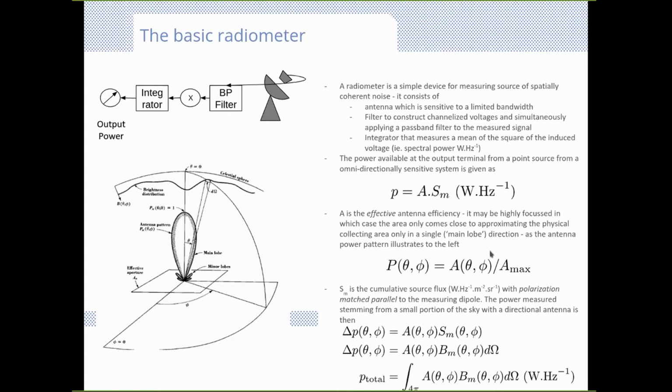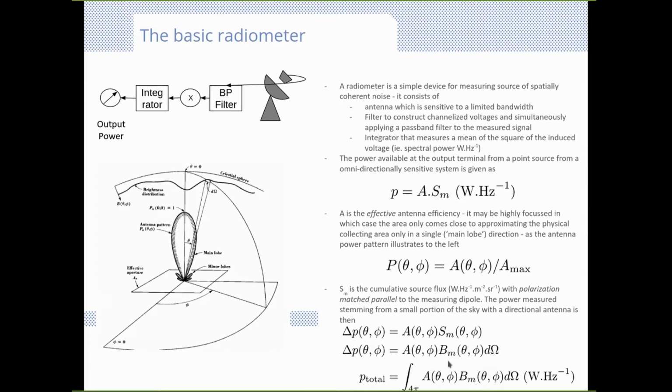And usually we define this antenna response to have a response of unity at its maximum, at its peak. So over there we have a unity response. So all we're going to be measuring at this output power is then this antenna pattern times the source flux from some very small portion on the sky.